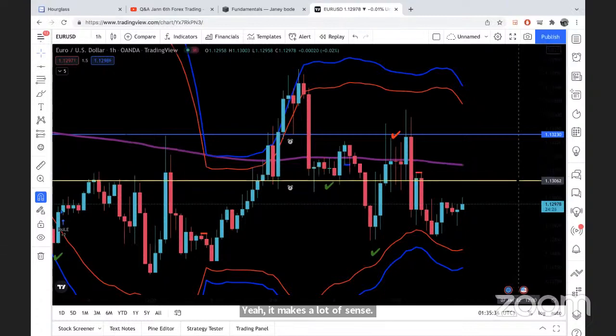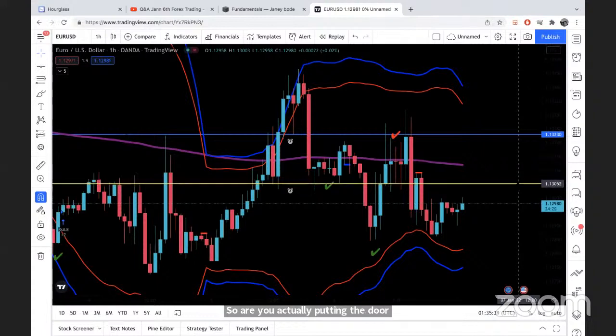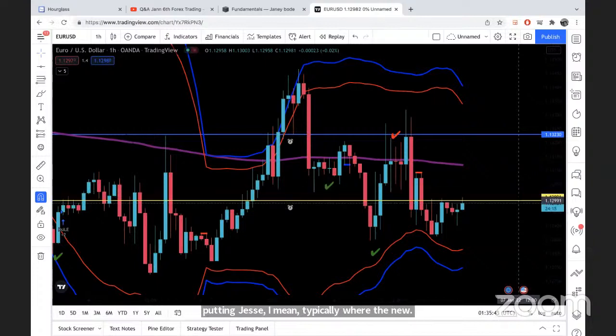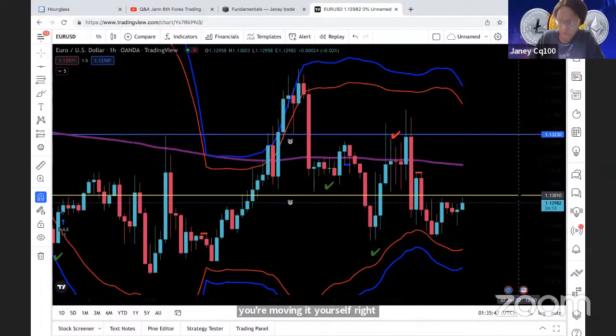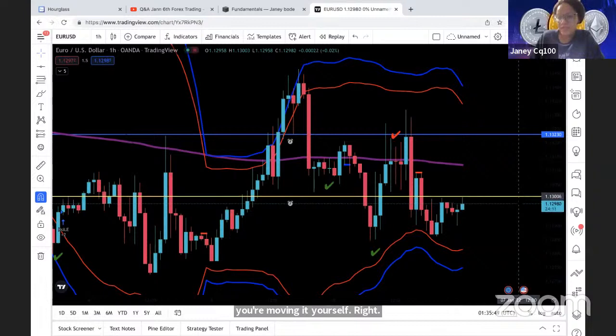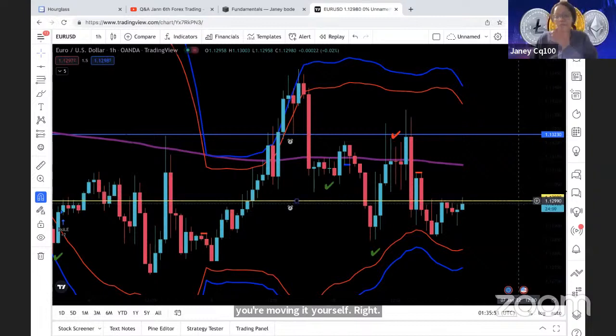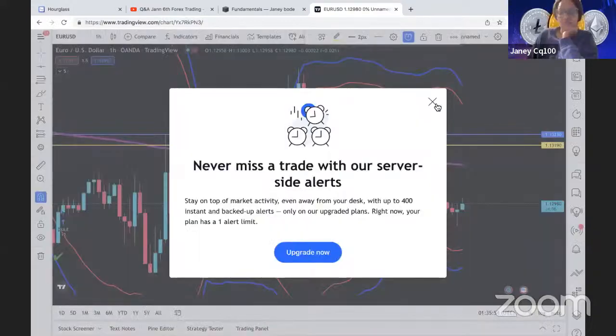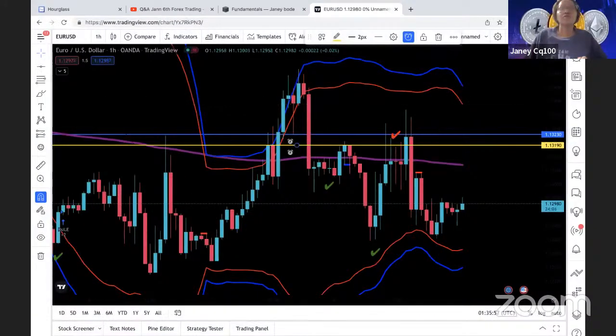So you're checking where you're moving it yourself, right? Yeah, right now on TradingView, and this is a little advanced, I'm just putting alerts. That way, when the market gets there, it rings a bell for me and lets me know. I'm going to use my other account real quick.